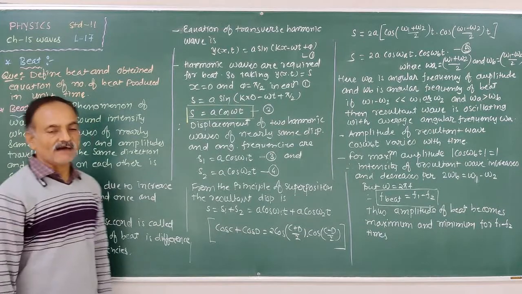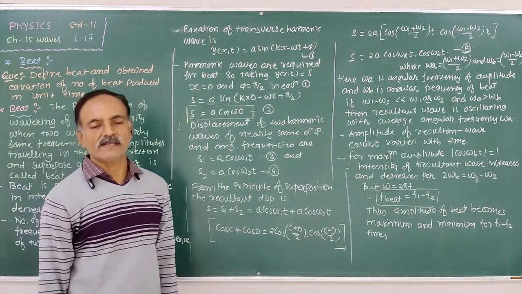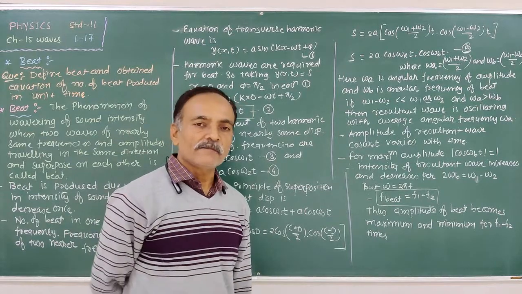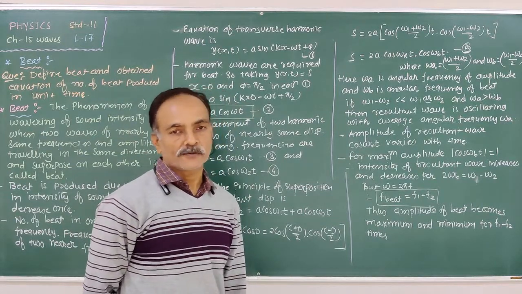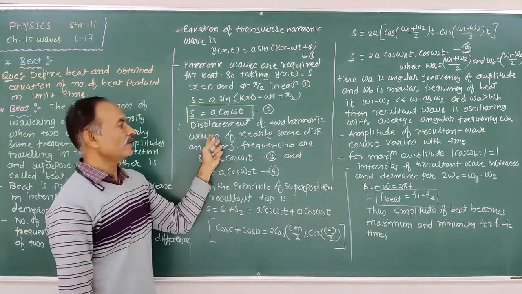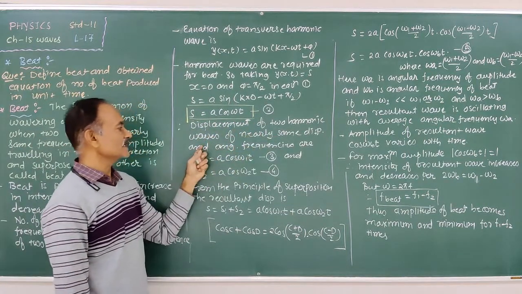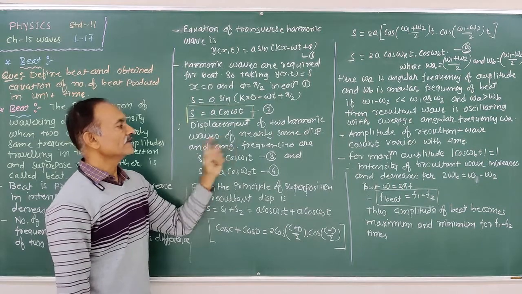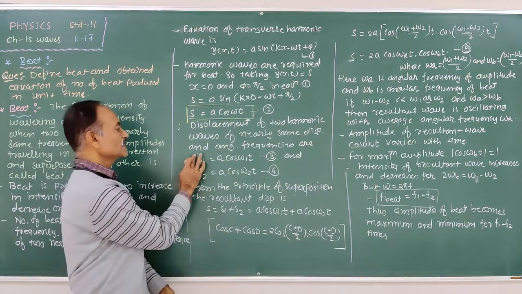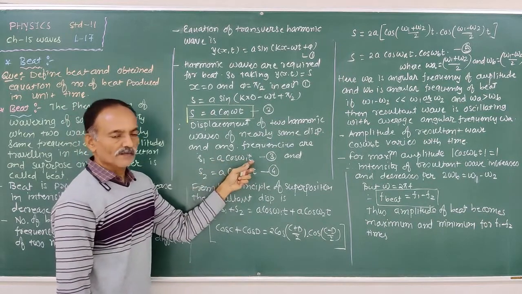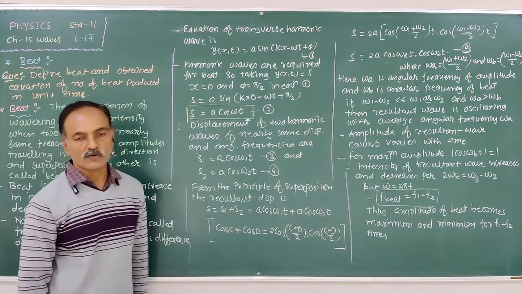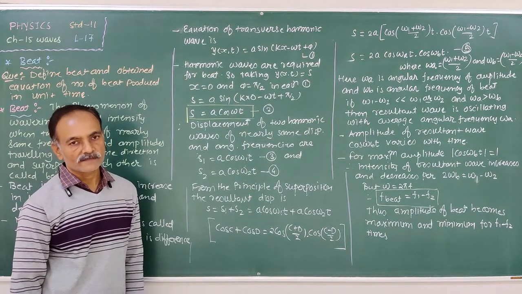For beats, we require two harmonic waves with nearly equal angular frequency and amplitude. Therefore, S1 is equal to A cos omega 1t and S2 is equal to A cos omega 2t.